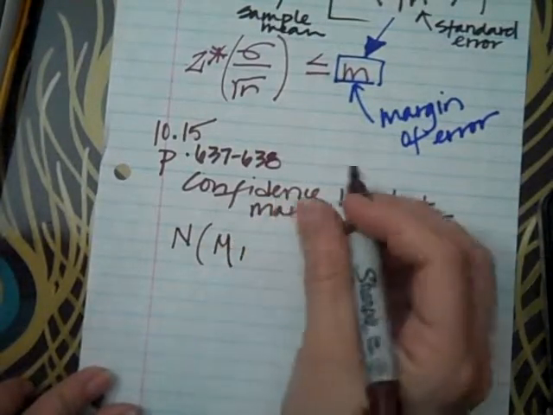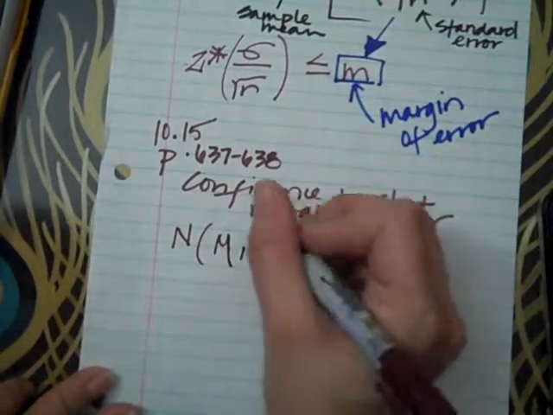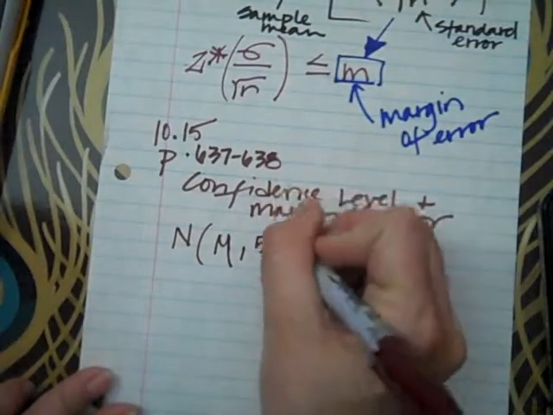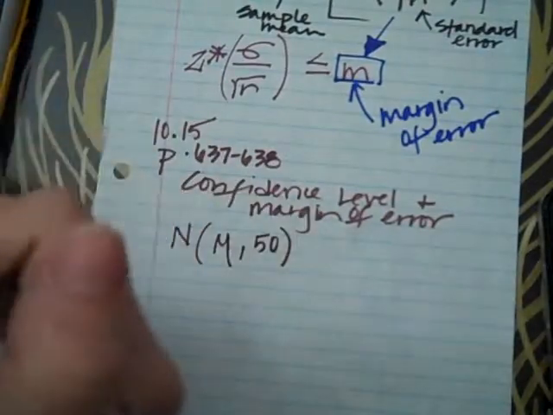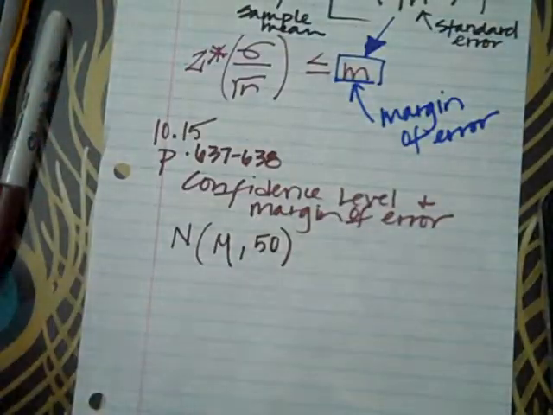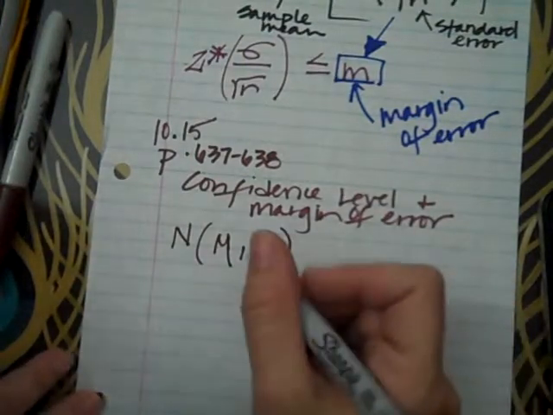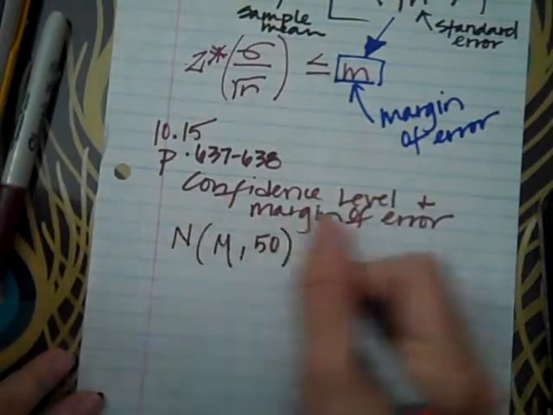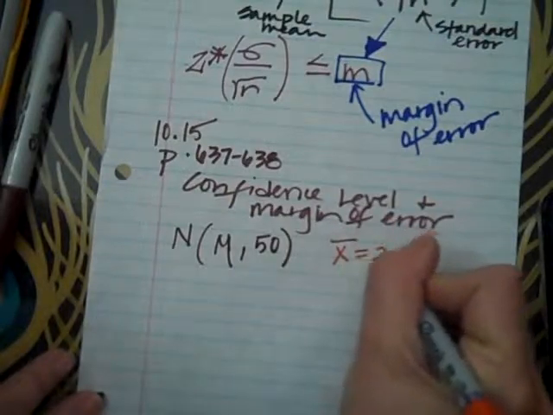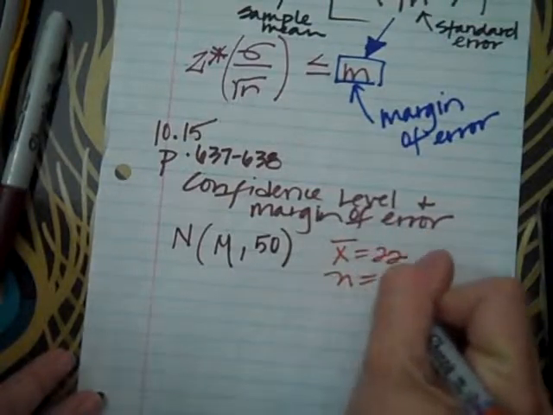We're told that the standard deviation of the population is 50. So what we have is a sample mean resulting in an X bar of 22, and that was based on a sample size of 1,000.